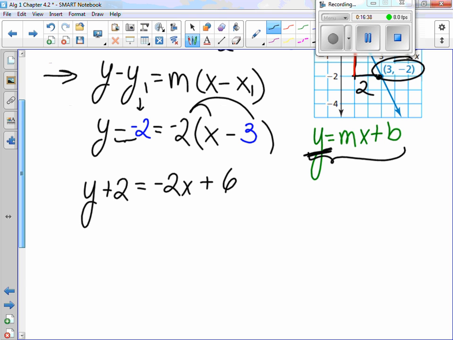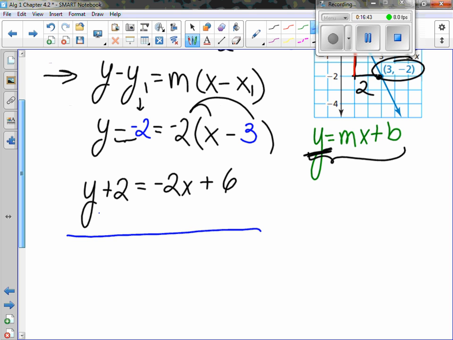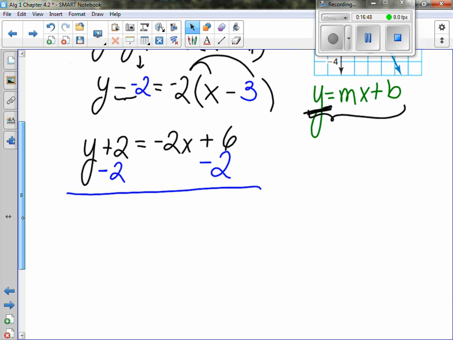So if I want to get the y by itself, I need to do what to both sides? I need to subtract 2, because positive 2 minus 2 would be 0, giving me y by itself, yes? Y is by itself? Okay.